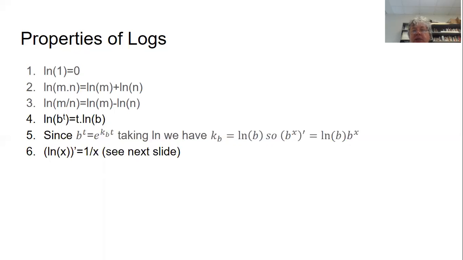The derivative of b to the x is ln of b times b to the x. We can actually have another new derivative law, which is that the derivative of ln of x is 1 on x. And the reason for that is all due to the fact that it's an inverse function. So we go to the next slide.